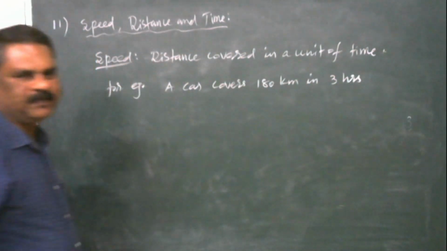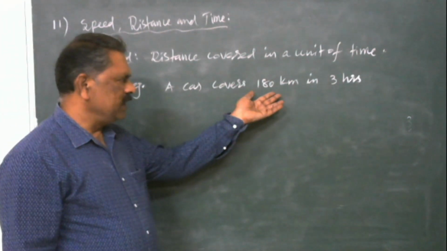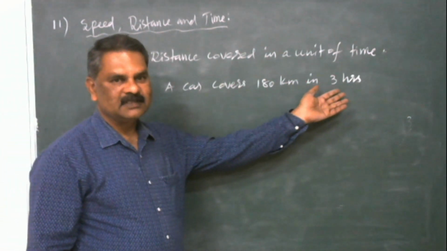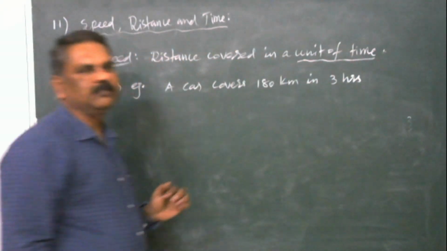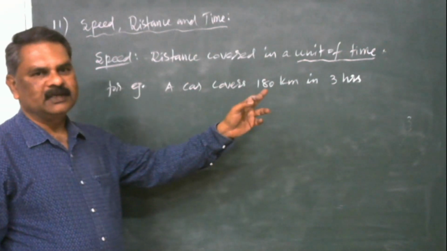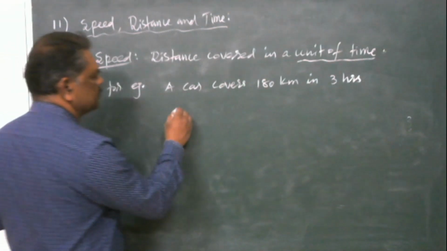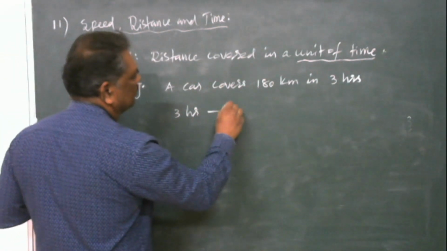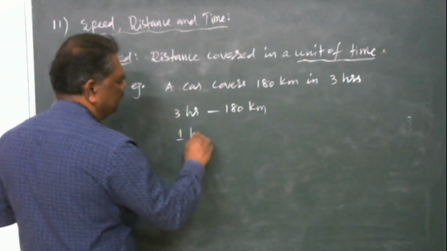What is its speed? 180 km, how many hours does it take? 3 hours. But we need a unit of time. Unit of time means just 1 hour. 3 hours, 180 kilometers. Then in 1 hour, how many kilometers will it cover? So we need to find 1 hour.